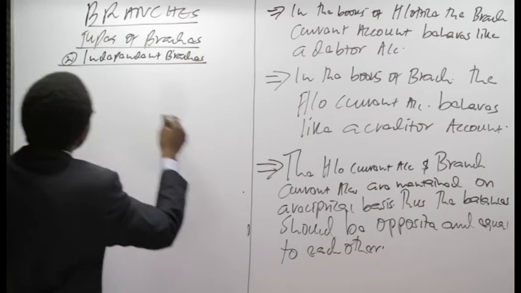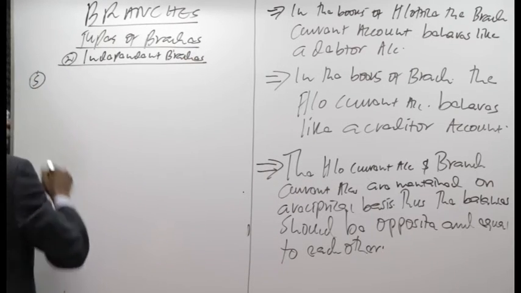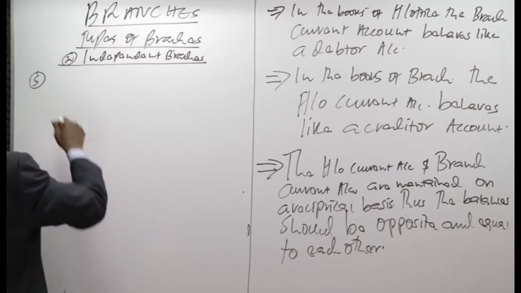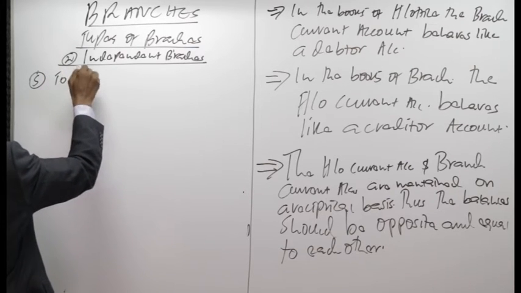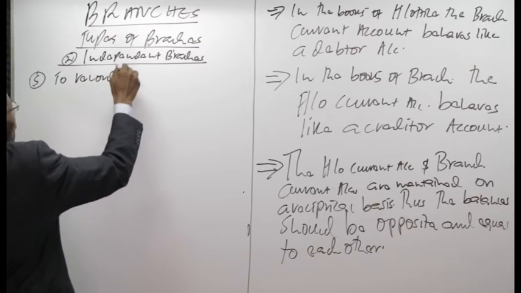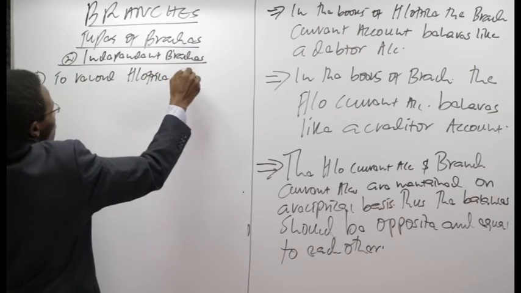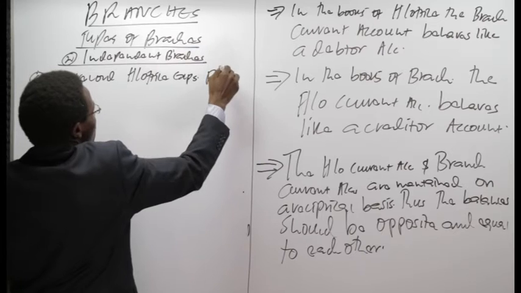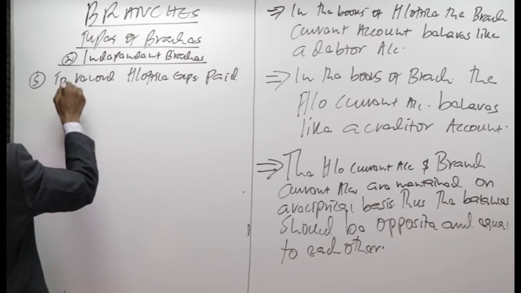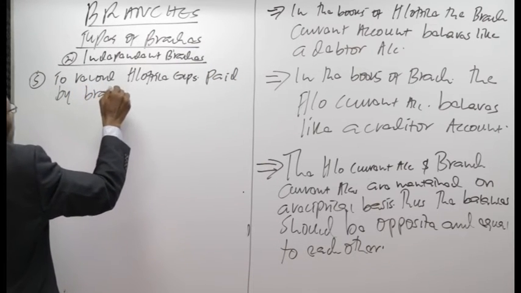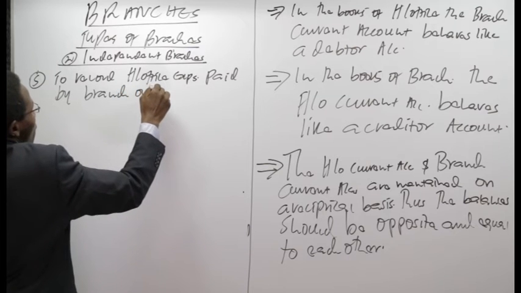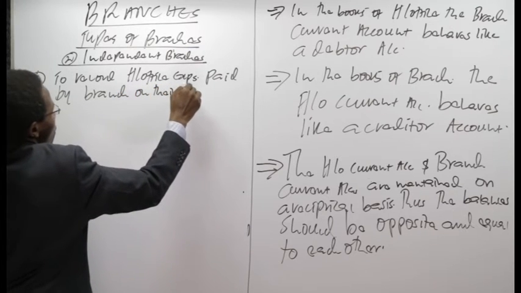So we are talking about number 5. Number 5, we may have expenses. Come and say to record head office expenses paid by branch on their behalf.